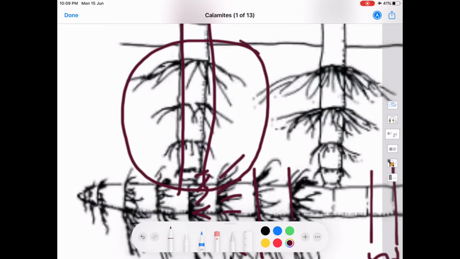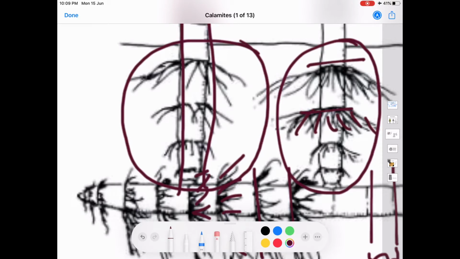In this area you can see numerous adventitious roots arising from the aerial stem, which indicates that this much portion is growing under the soil.